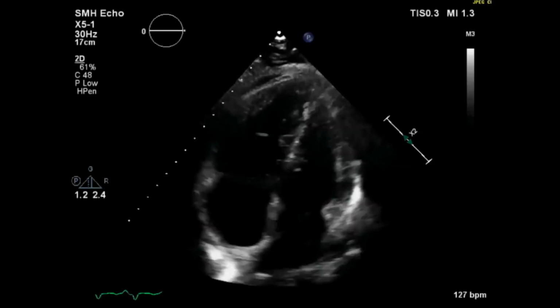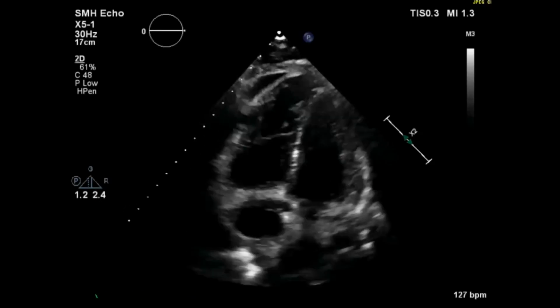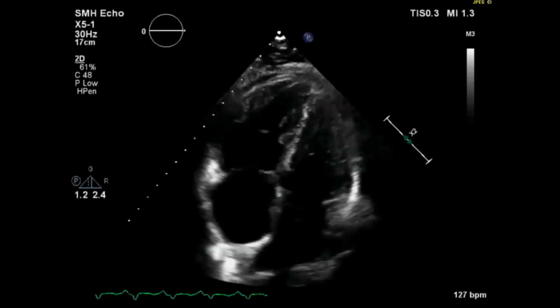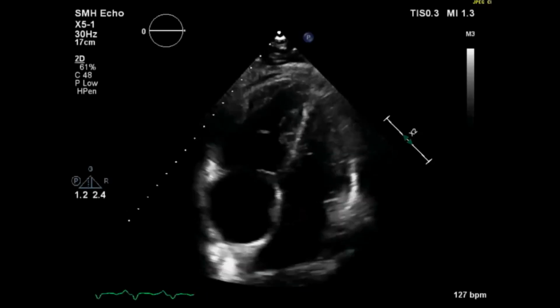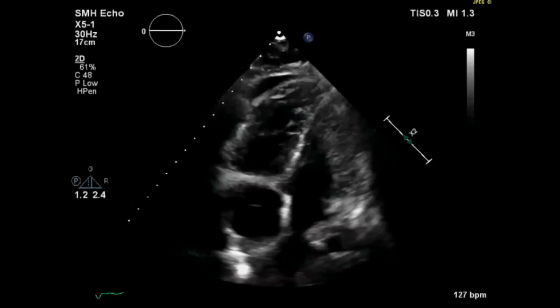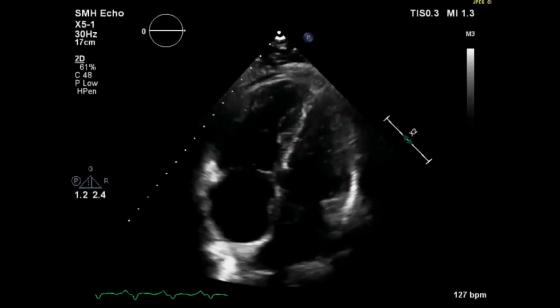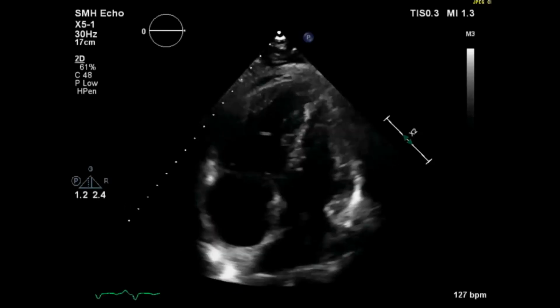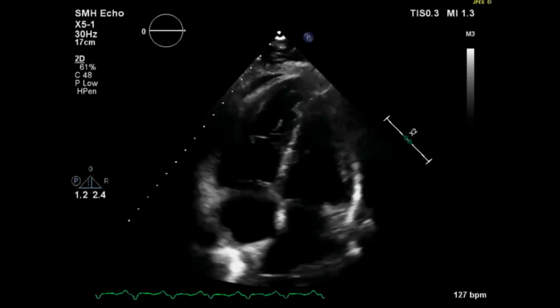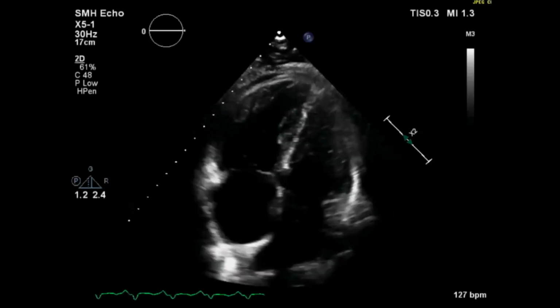But why is it still spared in somebody with pulmonary arterial hypertension? I guess the other thing to remember is that it's not 100% sensitive or specific. So there are going to be cases where you see this pattern, and it's not. It's just the way it is.